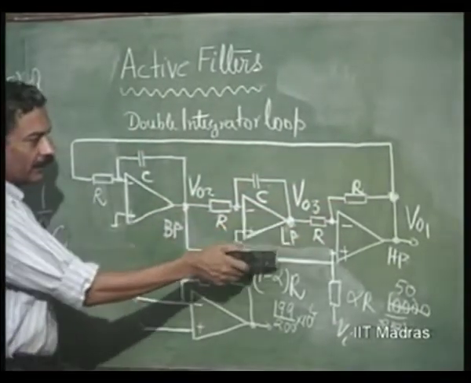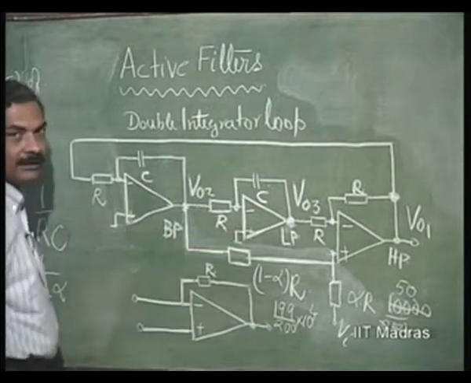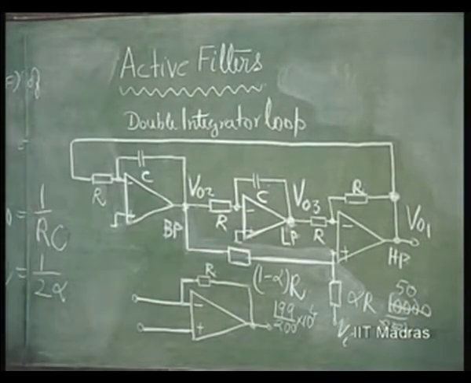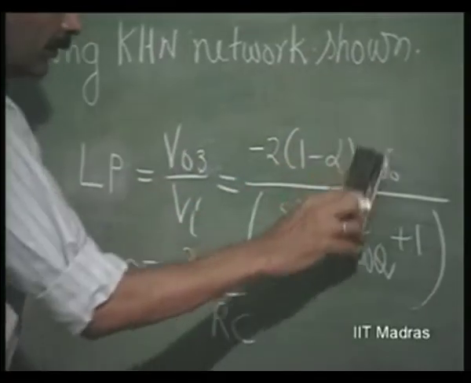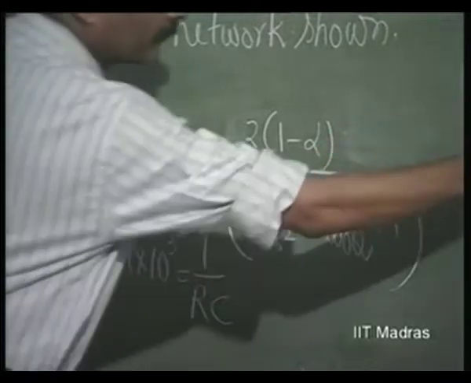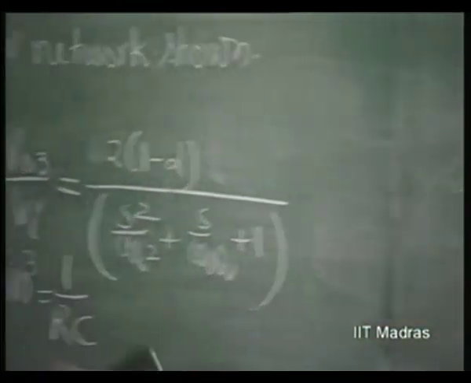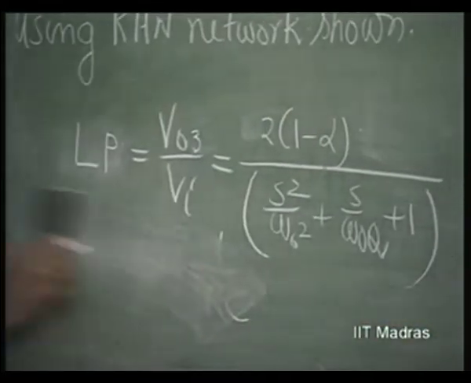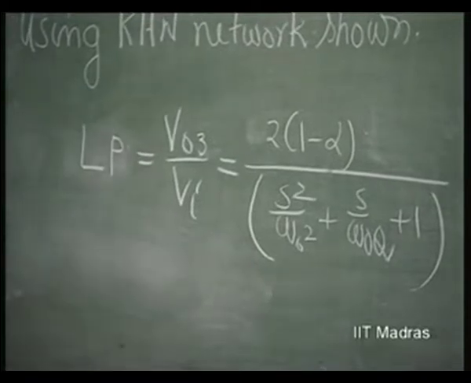This point low pass V naught 3, which is going to be plus 2 into 1 minus alpha. This is the low pass output.